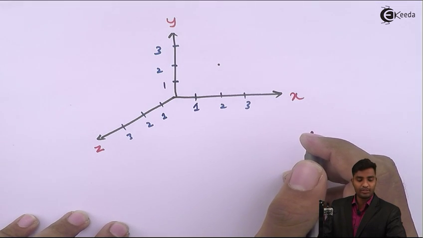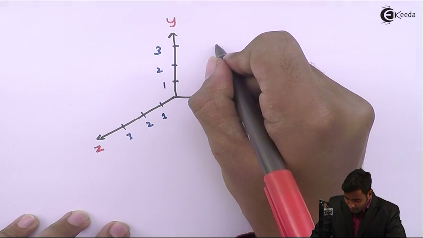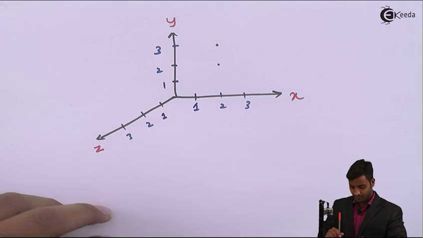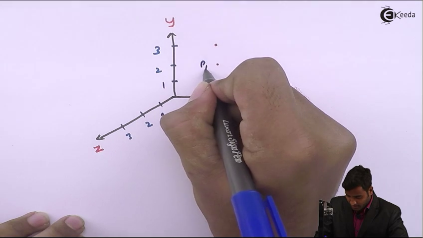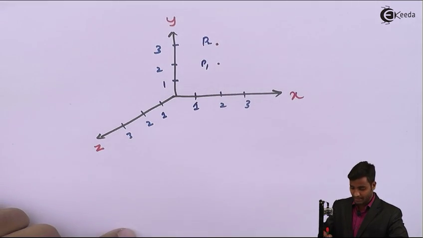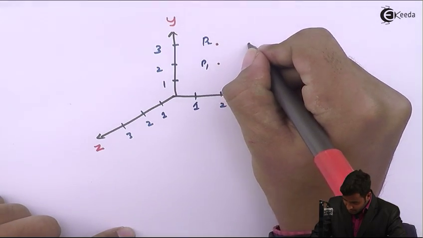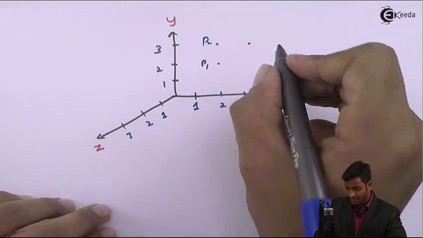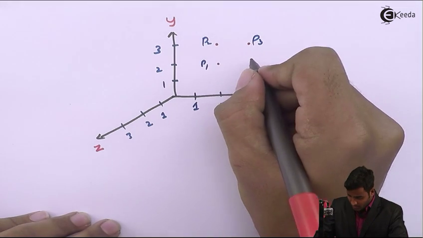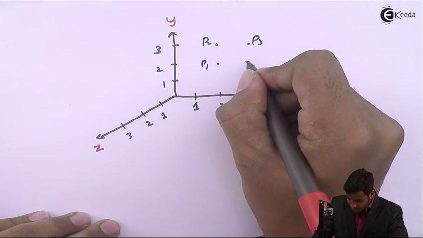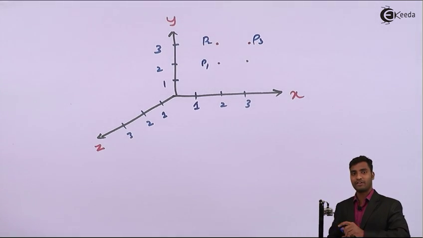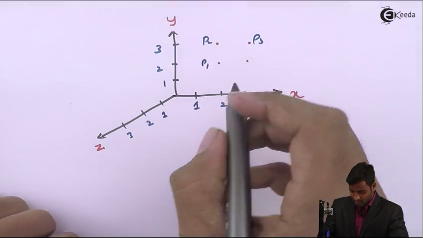The value of P2 is 2, 3. The value will come here. This is P1, this is P2. The value of P3 is 3, 3. So it will come here. I will name it as P3. And the value of P4 is 3, 2. So it will come here. So I will join all these 4 control points.